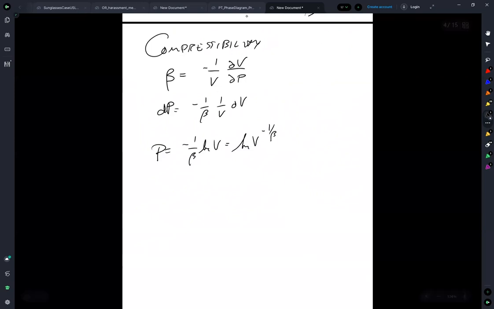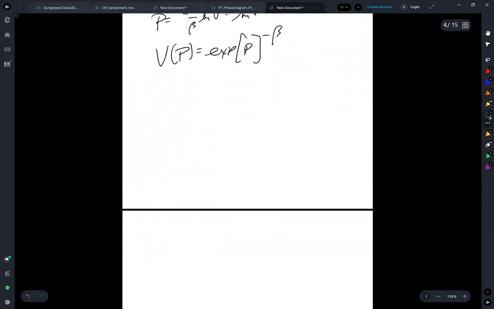And we wind up with V as a function of P equal to exp of minus beta P, which means a volume versus pressure curve has this functional form.